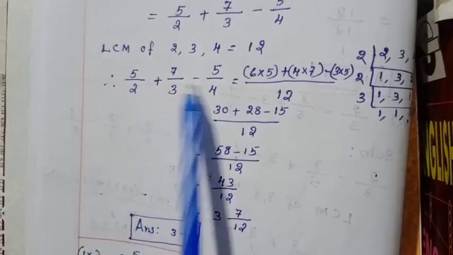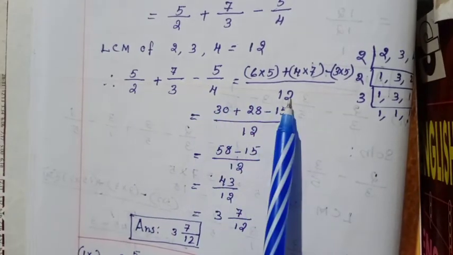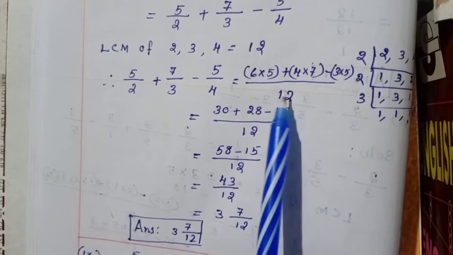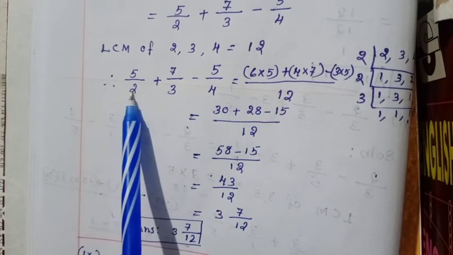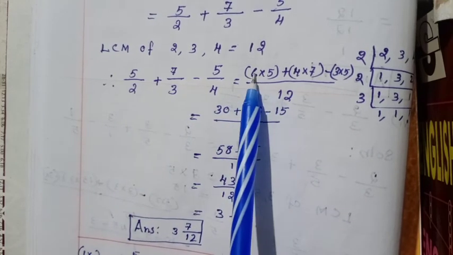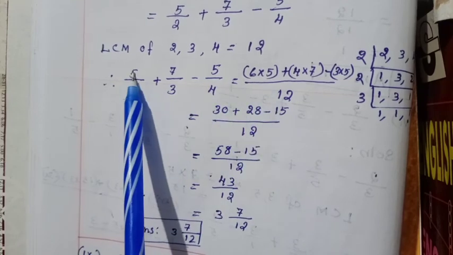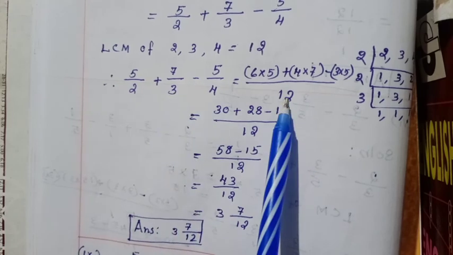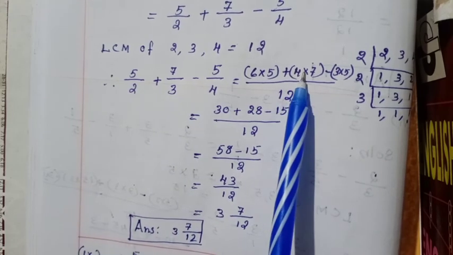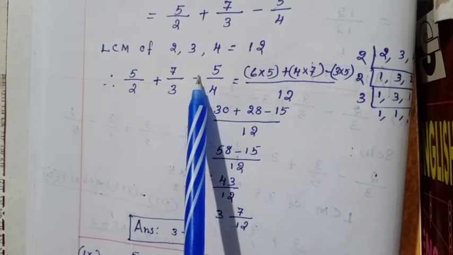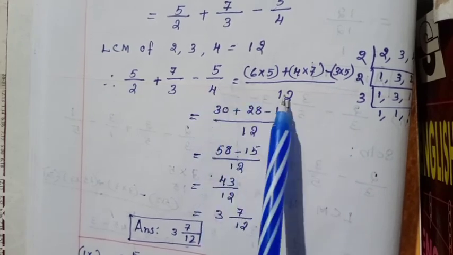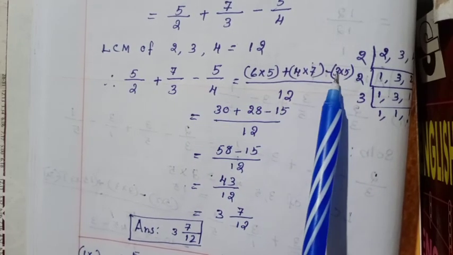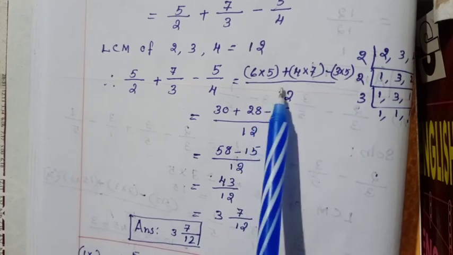So therefore these three fractions have 12 as the LCM, the common denominator. First check 2 how many times in 12, that is 6 times into numerator 5, this plus sign. 3 how many times in 12, that is 4 times into 7, minus, 4 how many times in 12, that is 3 times into 5.